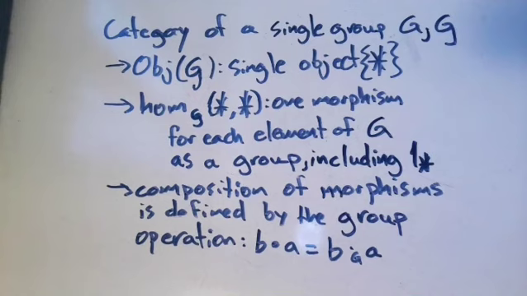We'll conclude with a couple of more unusual examples of categories, the first one being the formalization of a single group G as a category, which we might call curly G. The important thing to note here is that the group G consists of a set with individual elements as well as an operation on those elements.